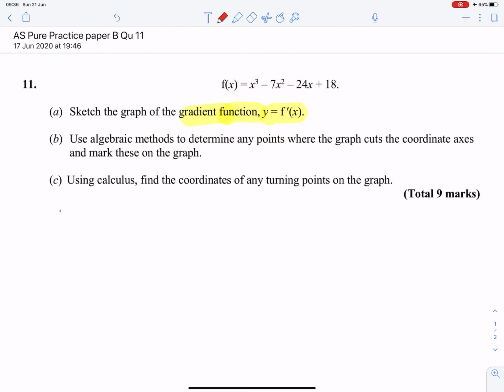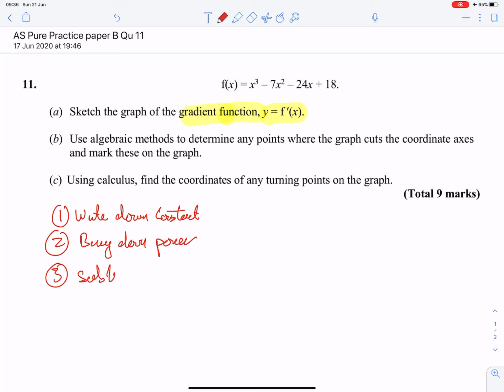So we write down the constant, bring down the power, subtract 1 from the power.